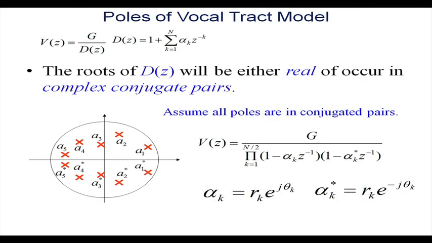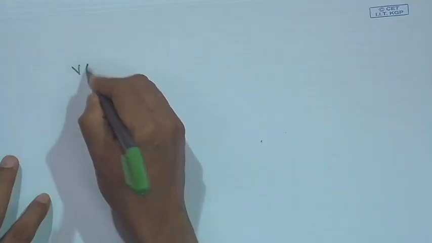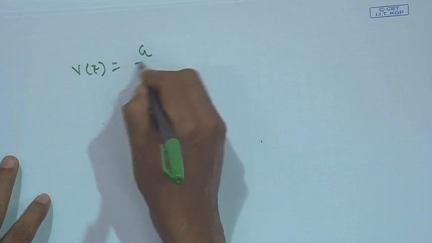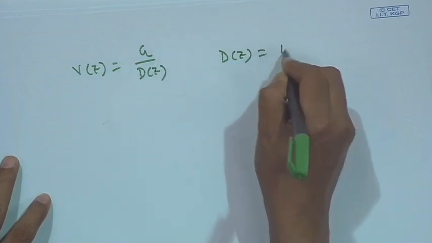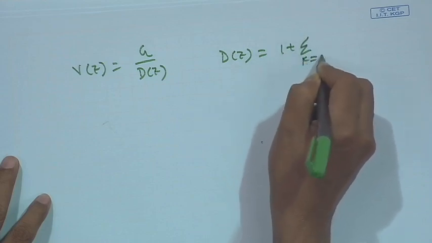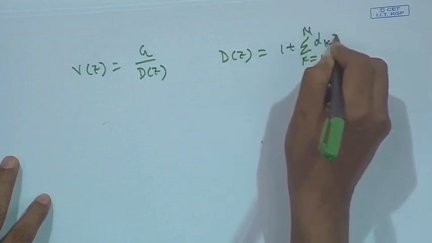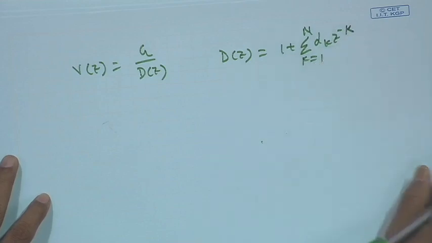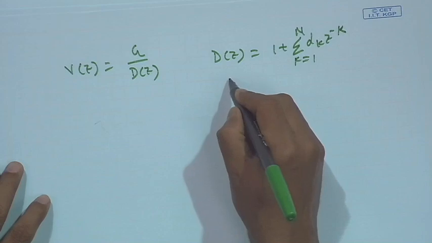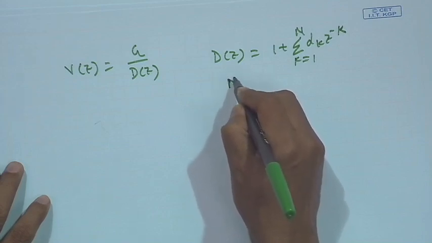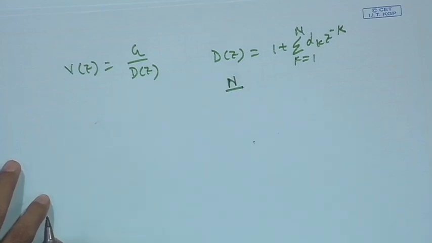Okay. So, now there is some concept, poles of the vocal tract. So, you know about the all pole model of the vocal tract tube. I can say Vz is modeled using G by Dz, where Dz is equal to 1 plus the sum over k equal to 1 to n of alpha k z to the power minus k. Okay. So, Dz has order n, so n number of poles.